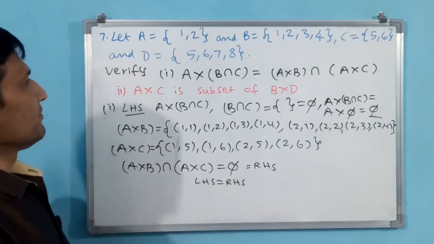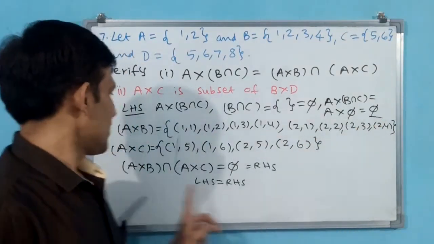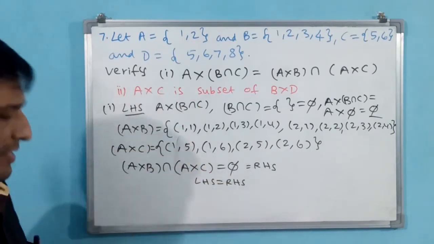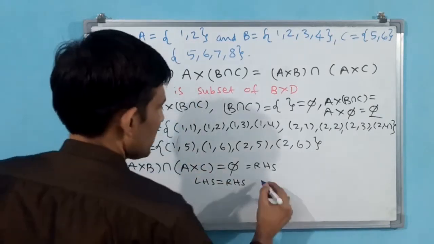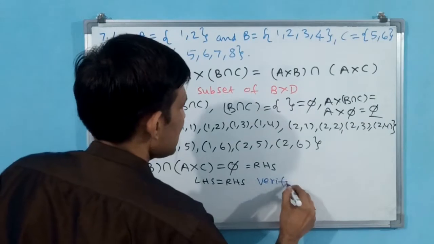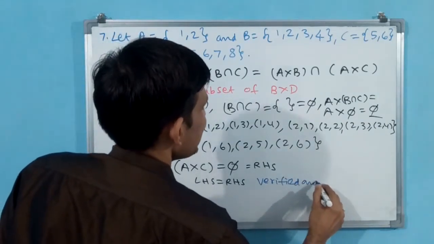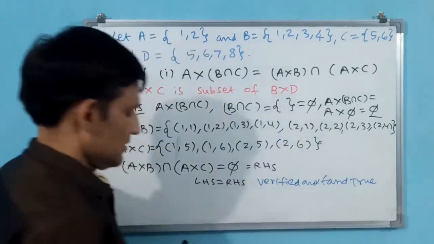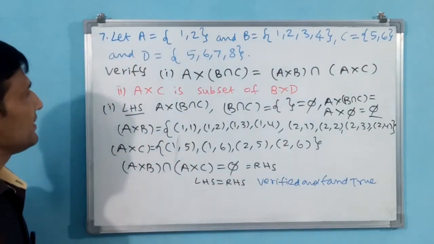LHS has come 5, RHS also has come 5. That is why this is verified, verified and found true. Like that you can write in examination.